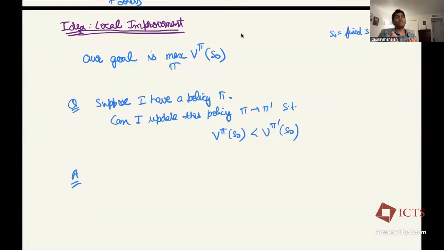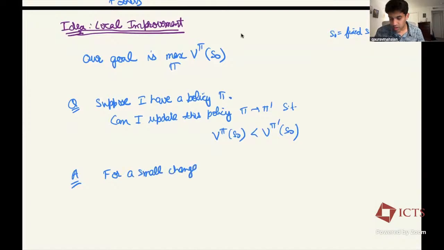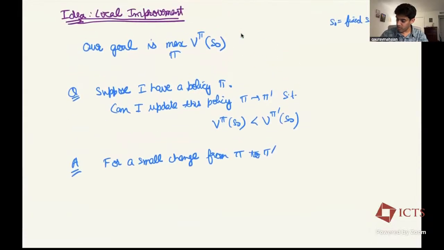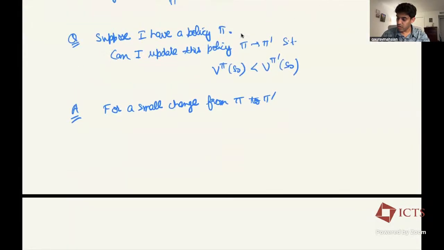If you move pi prime very slightly away from pi, so there's a very small change from pi to pi prime, then the first degree Taylor approximation just works.